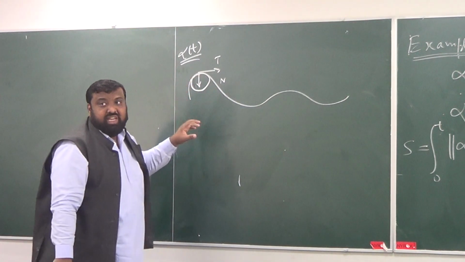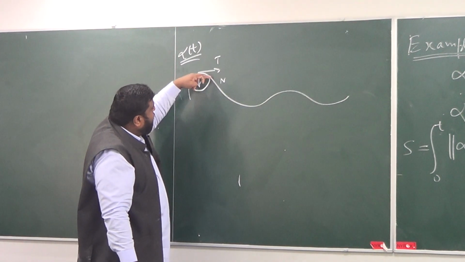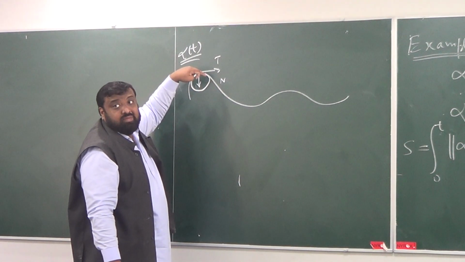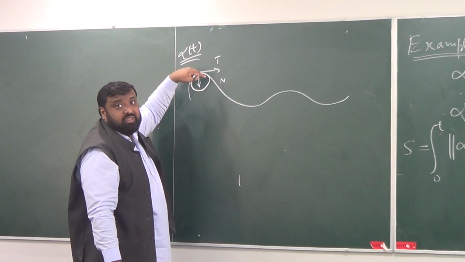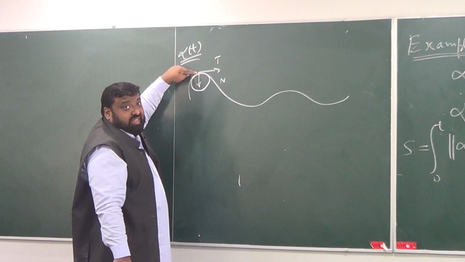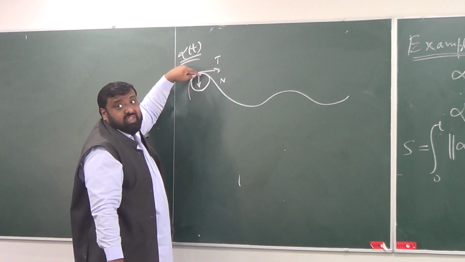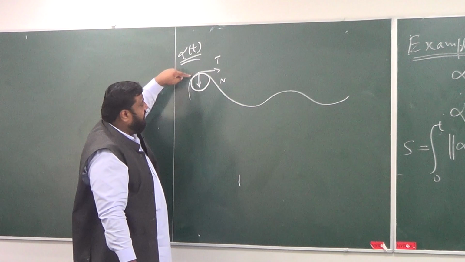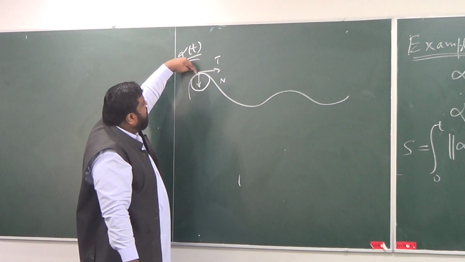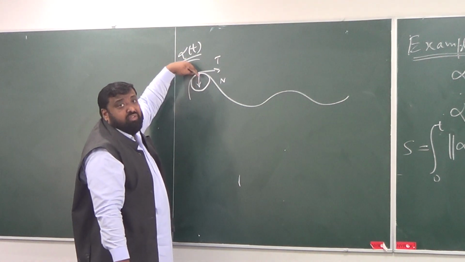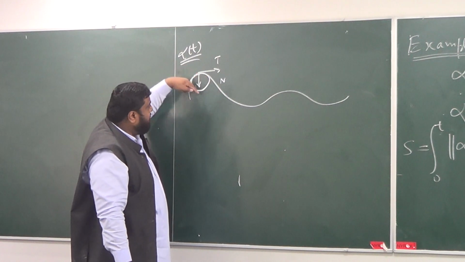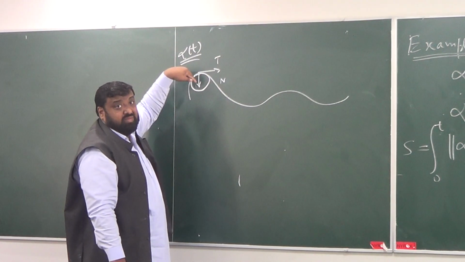So this part of the curve can be approximated by the circle, in such a way that the tangent vector to the curve is the tangent to the circle that approximates the curve. And the normal vector to the curve is the normal vector of this circle. Are you getting the point?